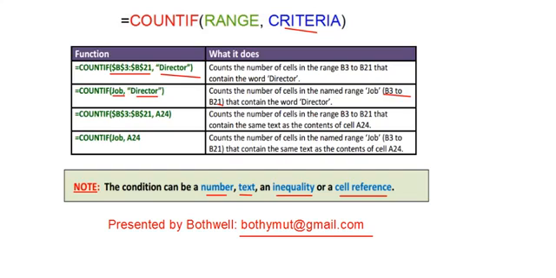And then next, COUNTIF, open bracket, B3 to B21, comma, A24. In this case, instead of using a string or text, we are using a cell reference. Now the beauty about using a cell reference is that sometimes with other questions you will be required to copy the formula all the way down, and on your extreme right you might have the values or the text that is going to be considered as criteria.